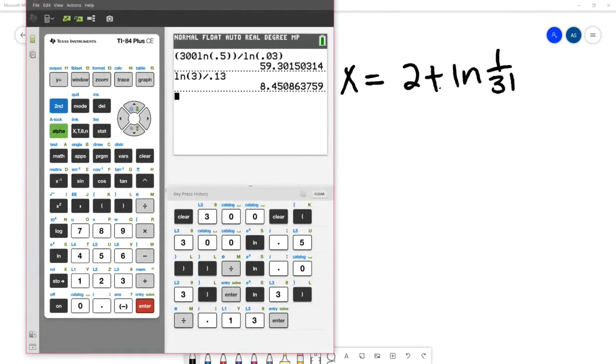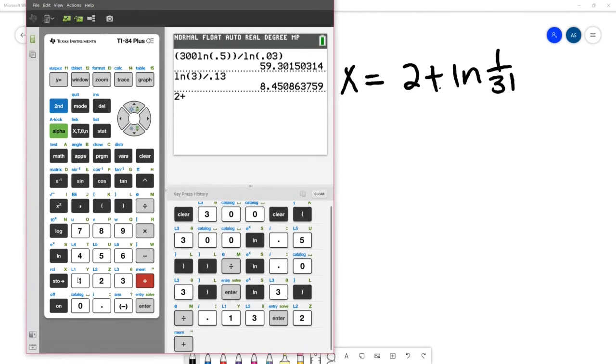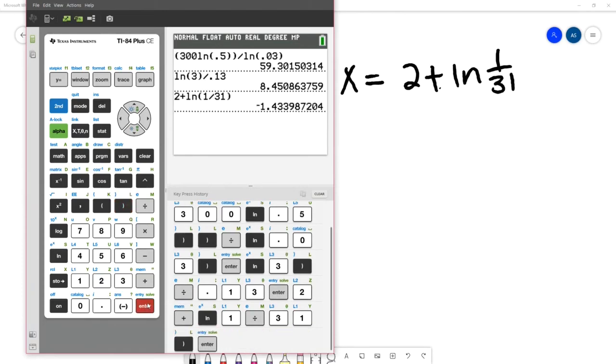Let's type that in the calculator. The direction said to round to 4 decimal places. 2 plus natural log of 1 over 31 gives negative 1.43398. So that 4th decimal place is a 9. We look to the right of it, it's an 8.